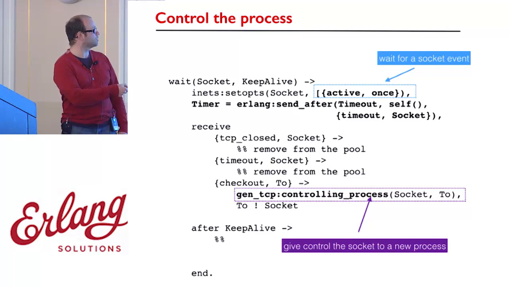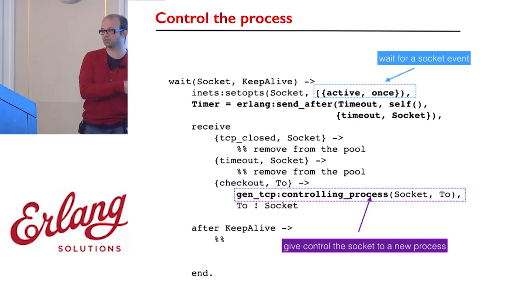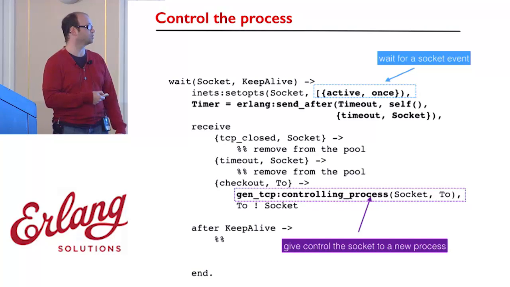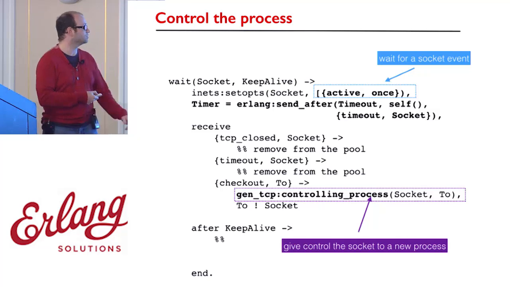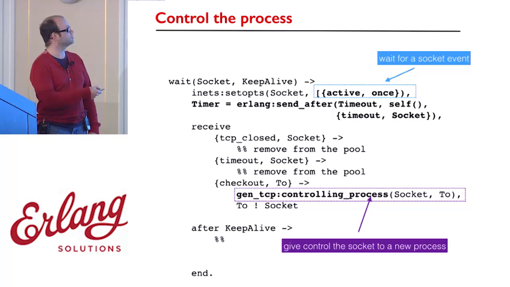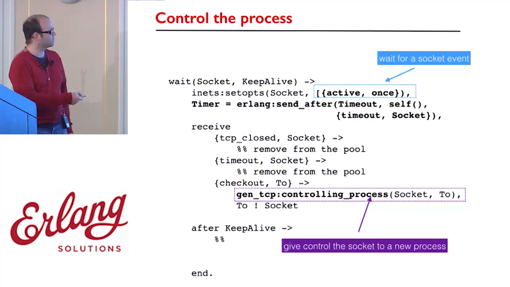Because you want to know if your socket is closing at some point, because it has waited too long in the pool, or because the remote server has closed the socket, whatever. You also don't want to keep the socket too long in your pool, so you set a timer that will send a timeout event with the socket. And when it happens, you remove it from the pool.